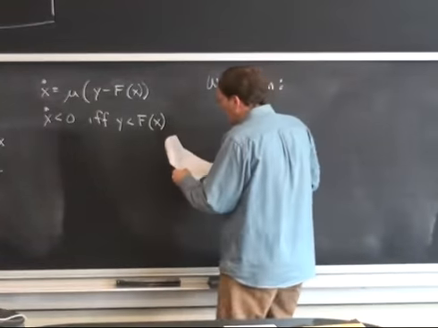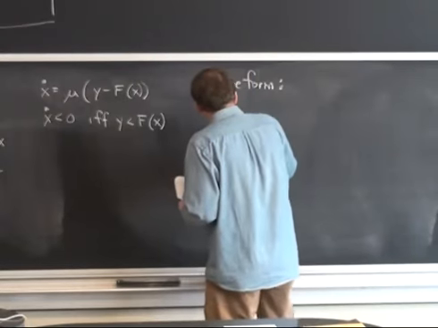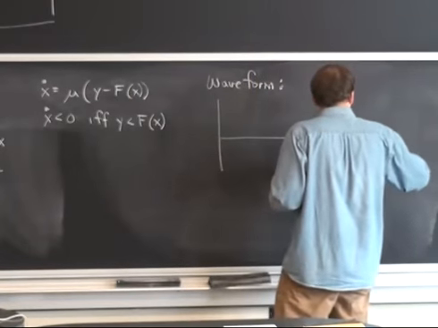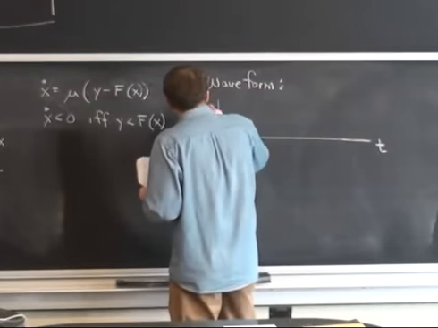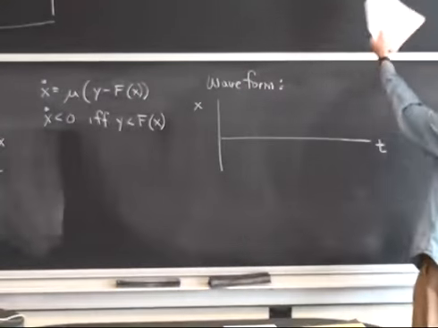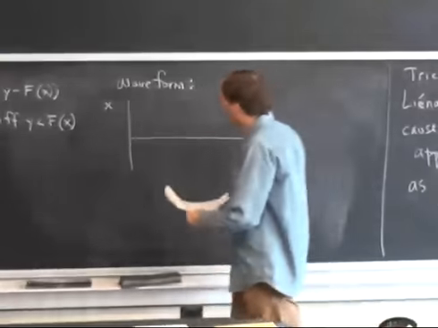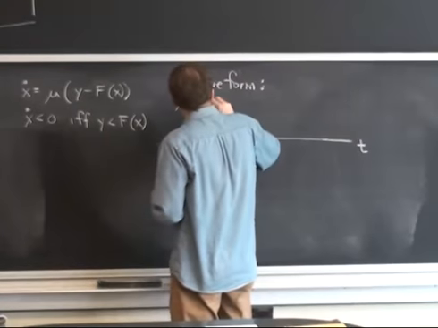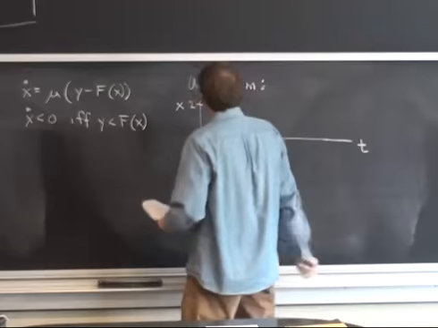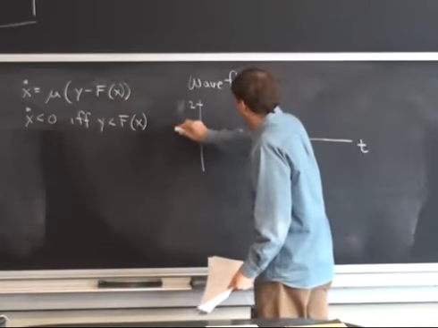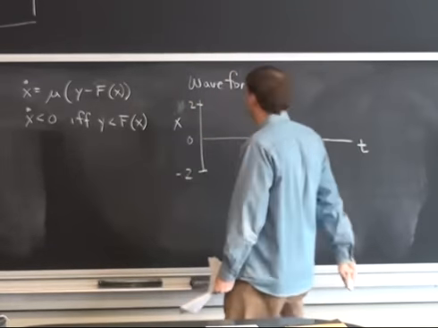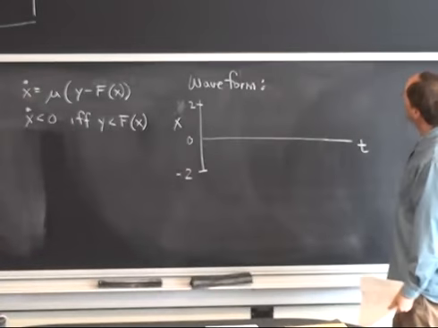Now, as far as the waveform, if you want to graph x versus time, let's think about that. Well, okay, why don't we start at that point I numbered as A, where x was 2. So here we are at A, at 2. There's 0. Let's put -2 down here. And what's going to happen?